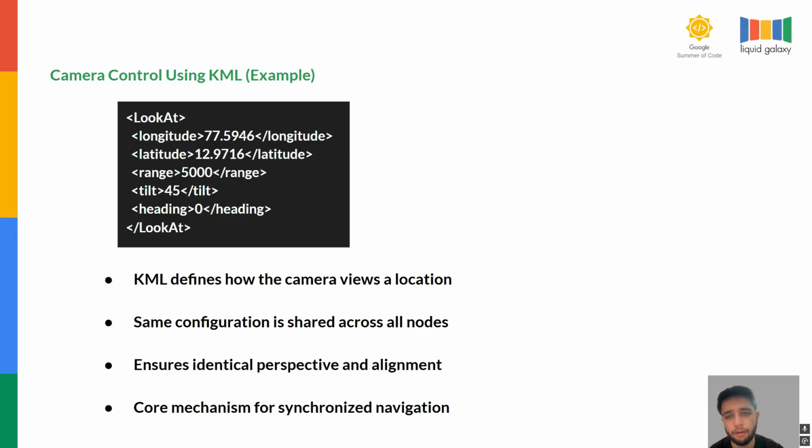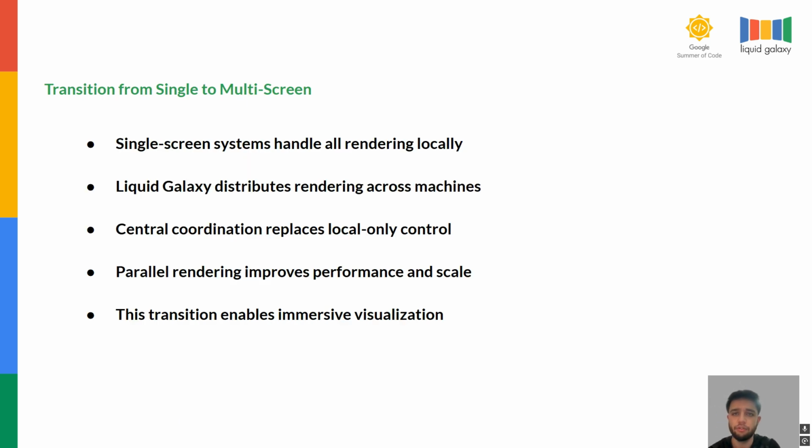So this is a core mechanism behind synchronized navigation in Liquid Galaxy. Whenever the camera moves, rotates or zooms, all screens update together, creating a single smooth immersive visual experience using Liquid Galaxy. Then we have the next slide, transition from single to multi-screen.